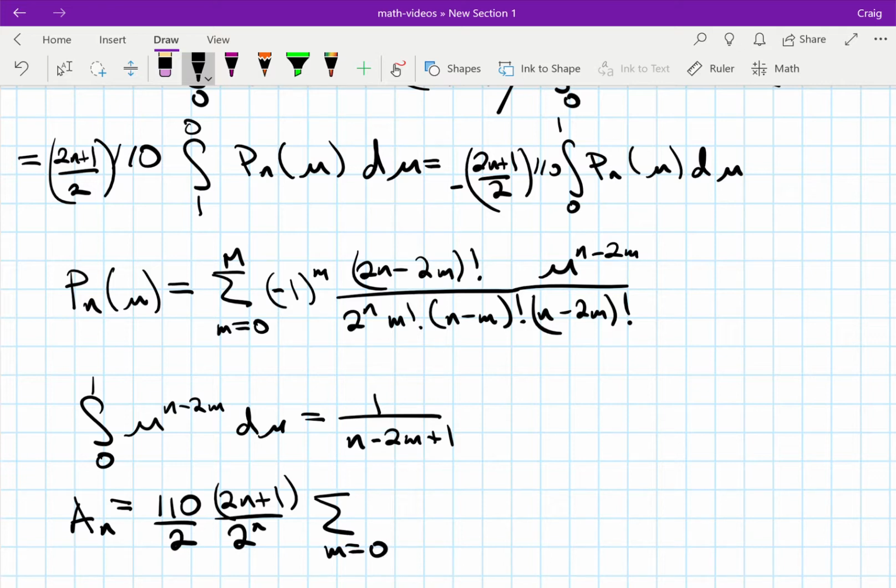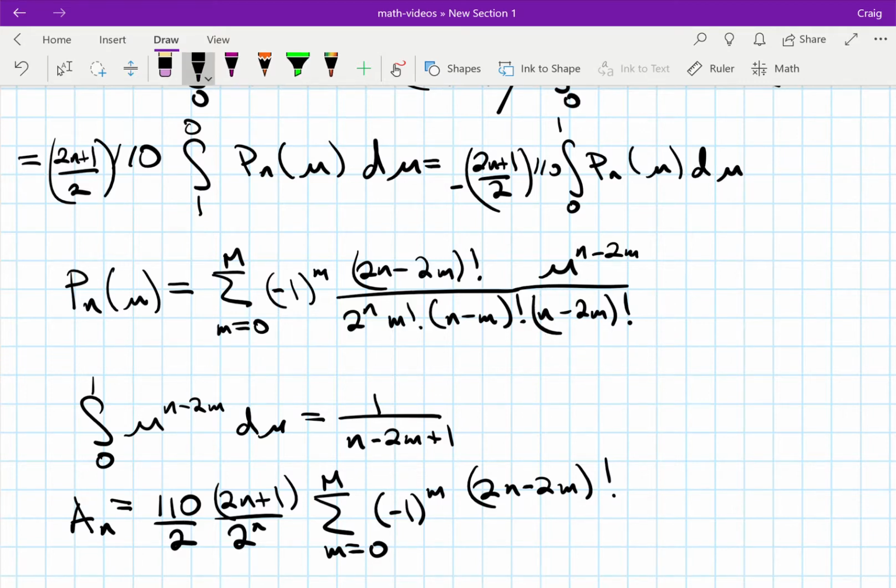Okay, so that's all that I can pull out of the series, and I still have a sum from m equals 0 to capital M of (-1) to the m, and this is just the integral of that Legendre polynomial. Remember, originally my p sub n was inside the integral. I had a series expression for p sub n itself, and then I'm integrating that series term by term because here's my power of mu. And at the end of the day, I get a 2n minus 2m factorial. And then in the denominator, I had a factor of n minus 2m factorial.